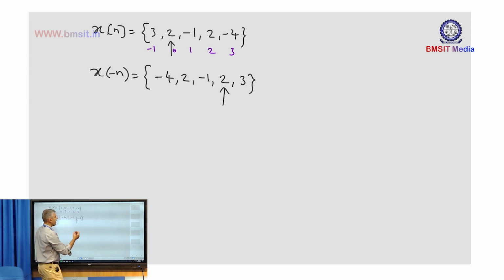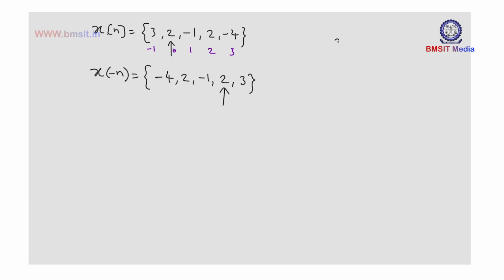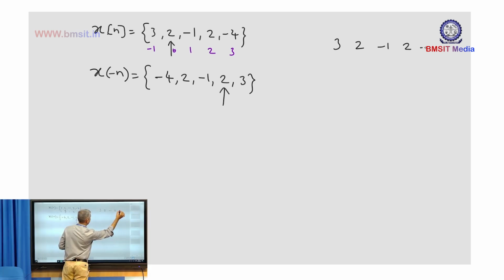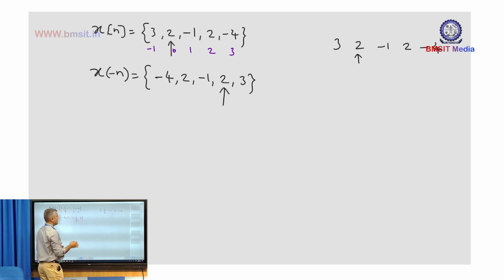So I would like to rewrite the signal over here, which is 3, 2, minus 1, 2 and minus 4. This is the origin here. This is x of n. What you can see on the board is the x of n. And I am going to next write the x of minus n corresponding to the same values.